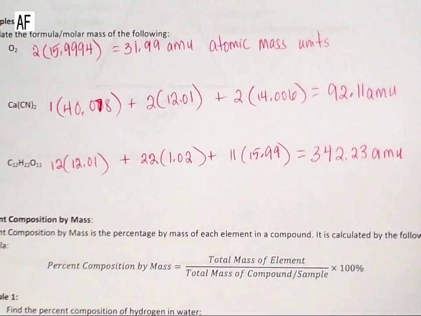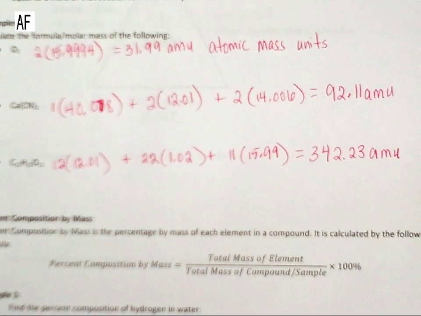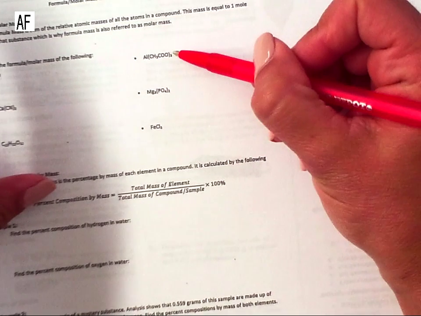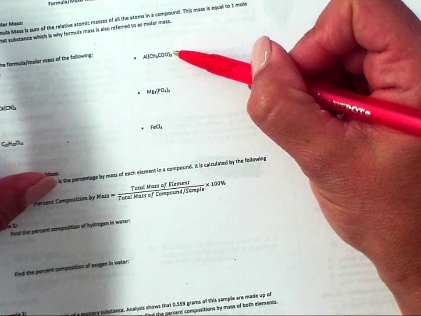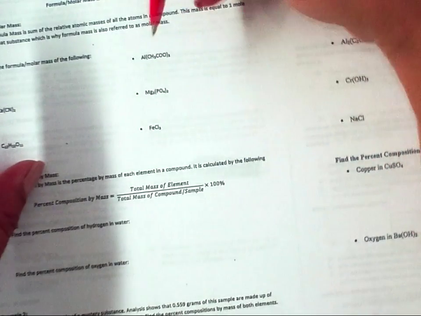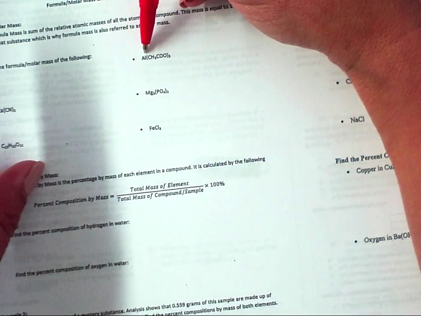Okay, in your little examples from the homework, you have the one that says aluminum acetate, okay? What I want you to realize is what aluminum acetate actually consists of. So how many aluminums does it have? 1, okay?